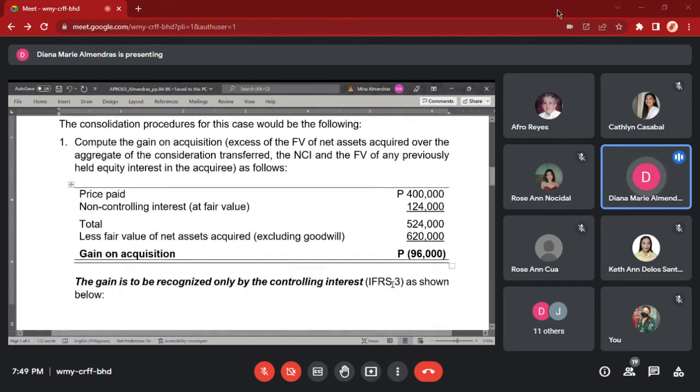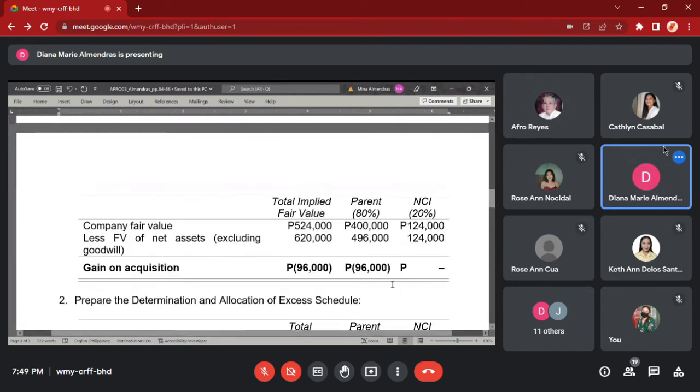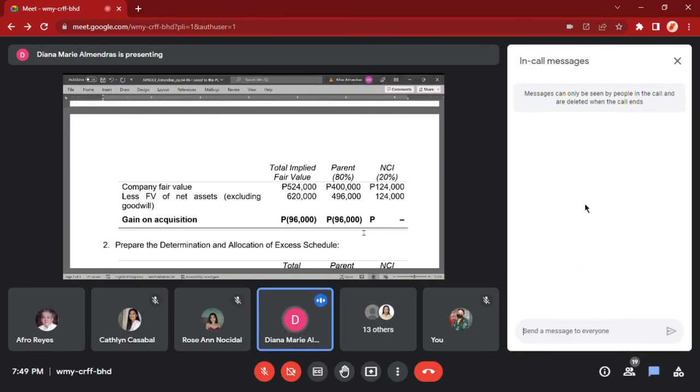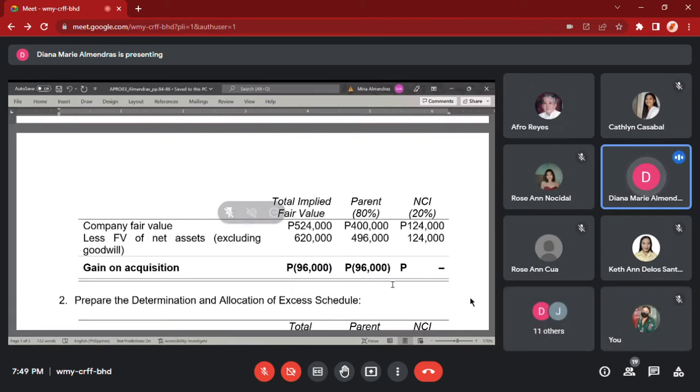The gain is to be recognized only by the controlling interest, IFRS 3, as shown below. Company fair value 524,000 less fair value of net assets excluding goodwill 620,000 equals gain on acquisition negative 96,000. The allocation is 80% for parent company and 20% for non-controlling interest. So, company fair value of parent is 400,000 while for NCI is 124,000.